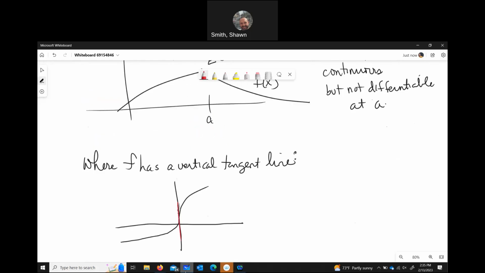So if I put a vertical tangent line right there, at that point right there, what's the slope of a vertical line?